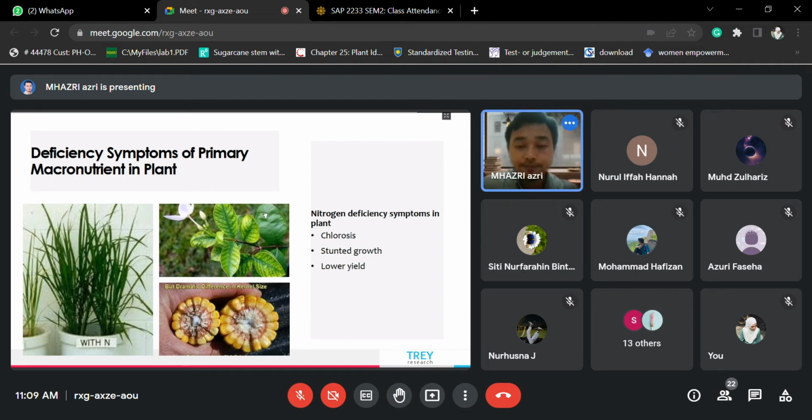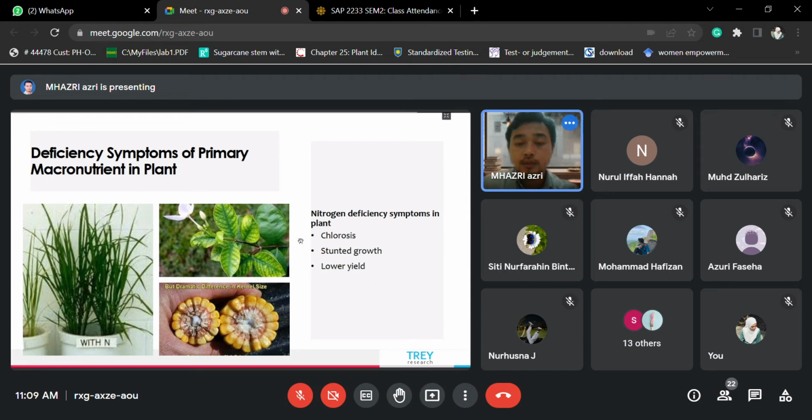Apart from that, we know nitrogen is required by plants to produce amino acids. Amino acids are the building blocks for living organisms. So with a lack of nitrogen, the plant will produce fewer amino acids.